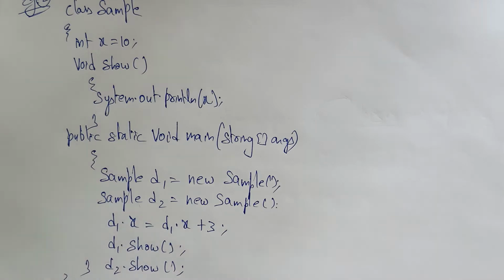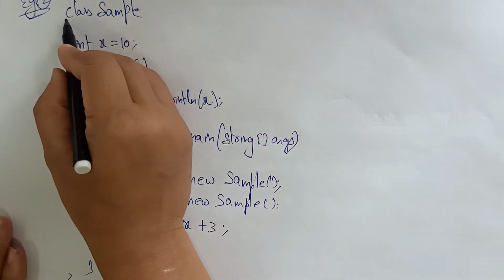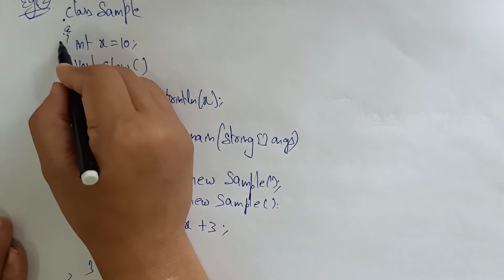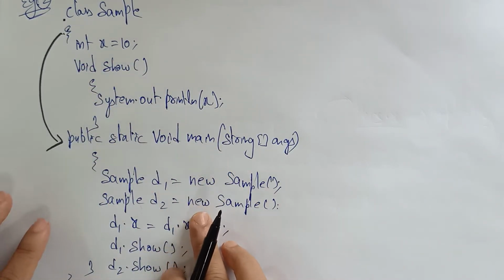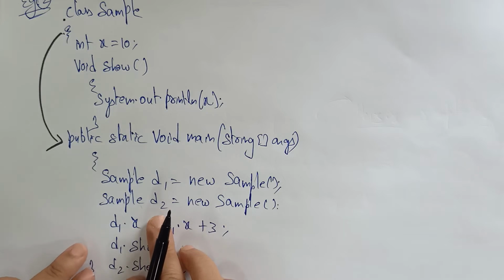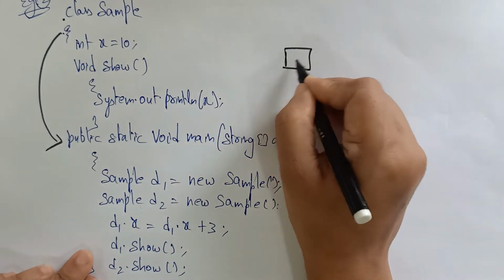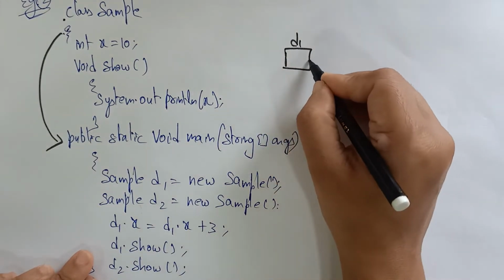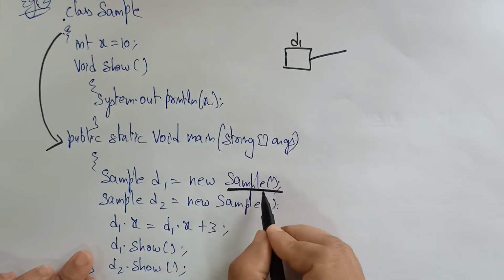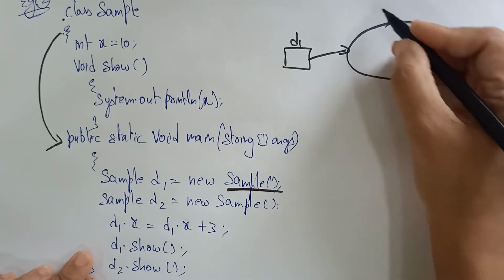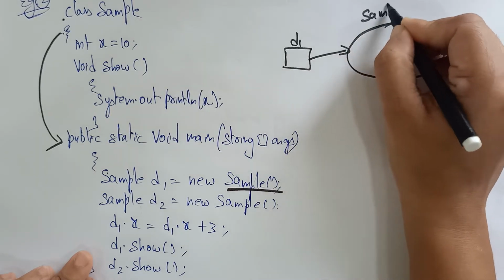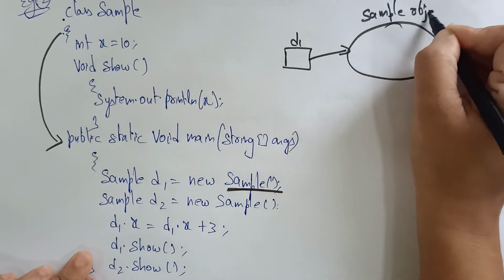Now what happens here? The class is loaded, the open brace is executed, and main is executed. The Sample d1 object reference is created, and a Sample object is created.